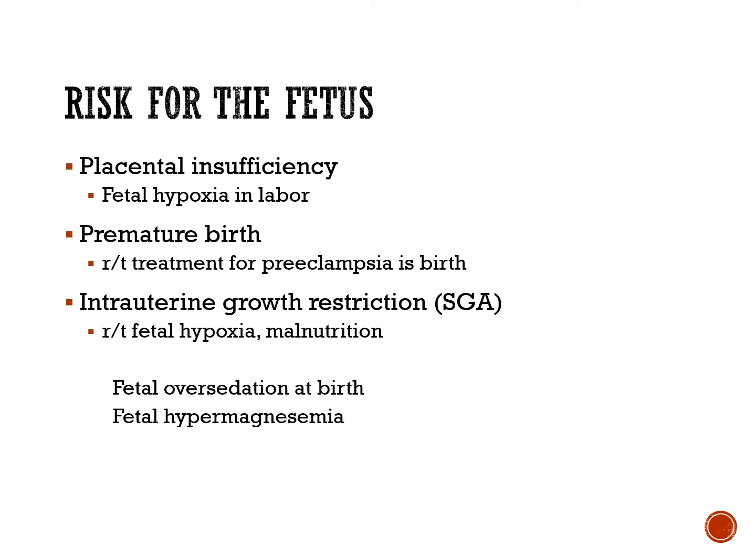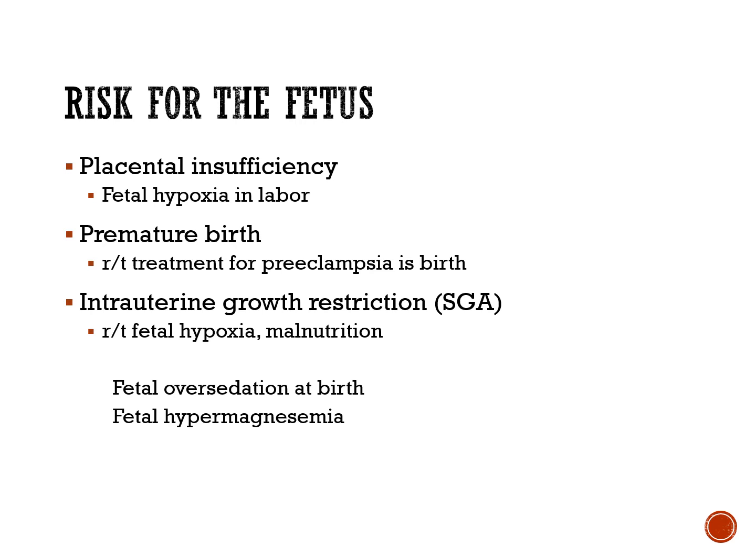So what risk do we have to this baby? So we have placental insufficiency, so we've got fetal hypoxia in labor. Premature birth, need to administer steroids if greater than 34 weeks. This will help to develop those lungs. Intrauterine growth restriction, you're going to have a small for gestational age baby or IUGR going on, and that's related to fetal hypoxia and malnutrition over the course of that pregnancy.